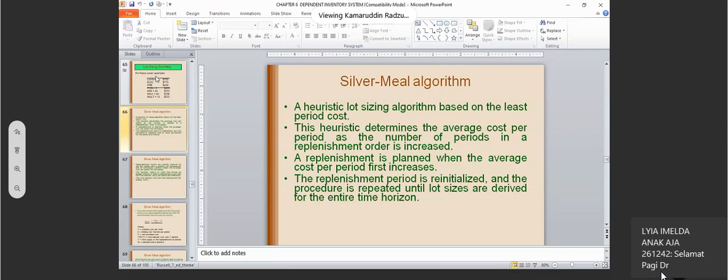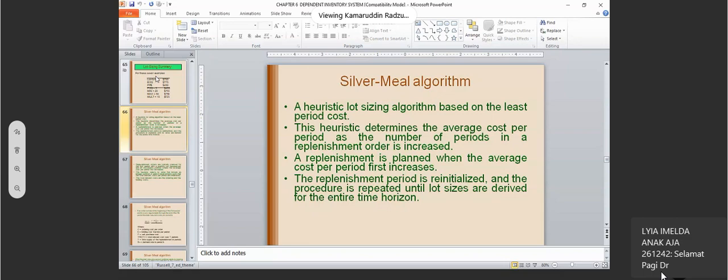So as a guideline for us in analyzing the cost related to the holding cost, a replenishment is planned when the average cost per period first increases, and the replenishment period is reinitialized and the procedure is repeated until lot sizes are derived for the entire time horizon.